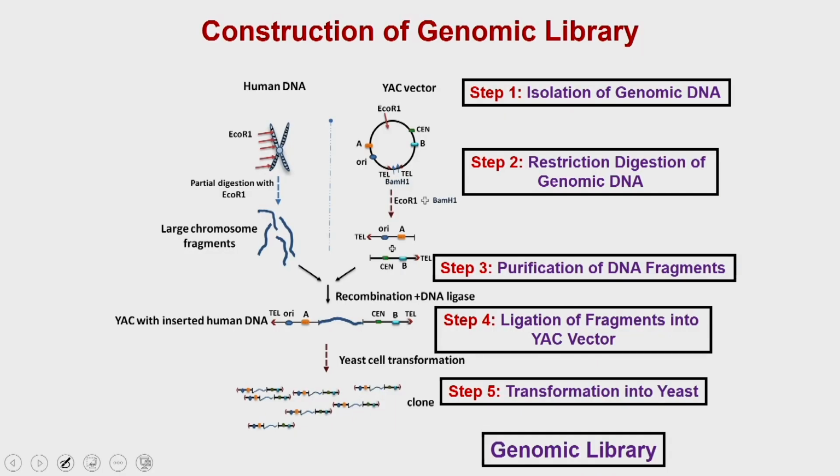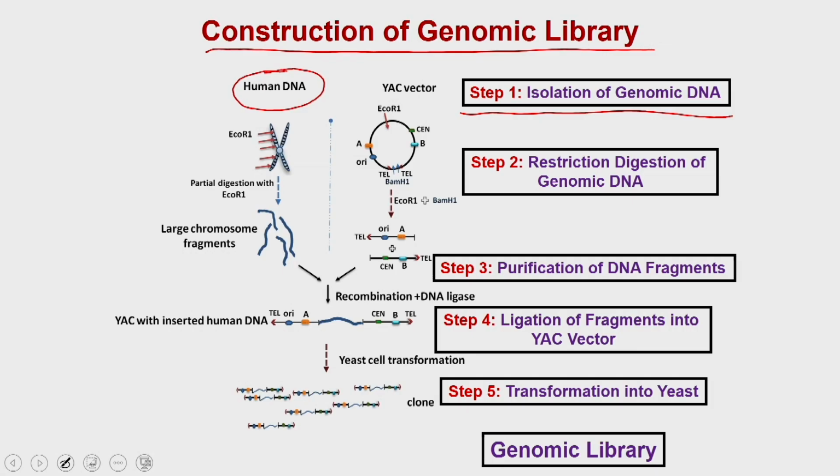The protocol for the construction of a genomic library, and I have taken an example of the human genome, is as follows. In step 1 you first isolate the genomic DNA from the particular human being for which you are interested in preparing the genomic library. You know that the genome is arranged in the form of chromosomes.